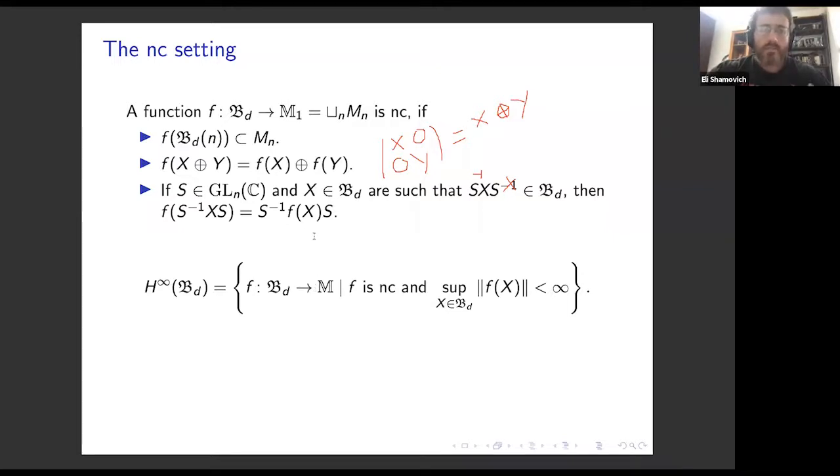These axioms are somehow up to shift. If you want to make it continuous, you just assume unitary equivariance, for example. It's a very natural set of axioms, and this kind of local boundedness condition ensures analyticity automatically. But I'm not going to assume that, because I'm going to mostly talk about bounded functions.